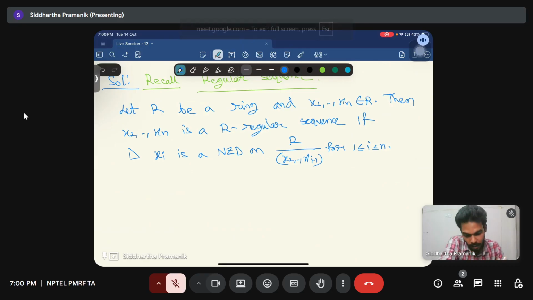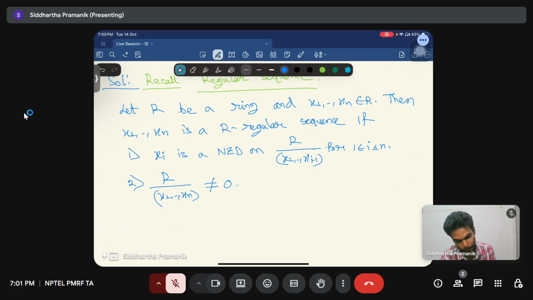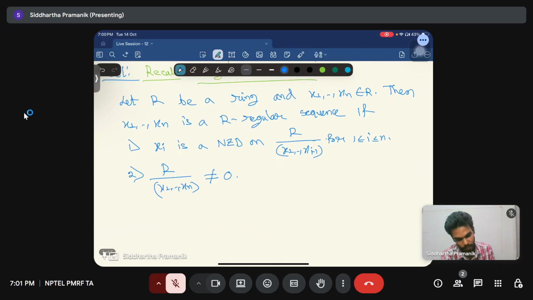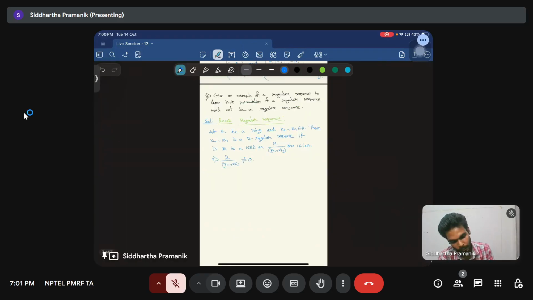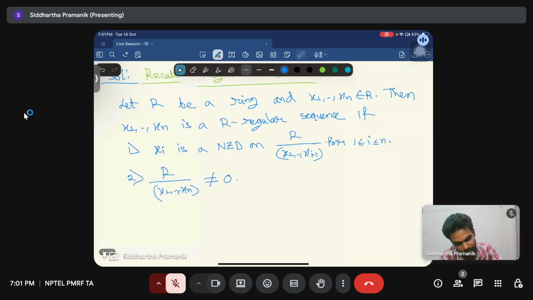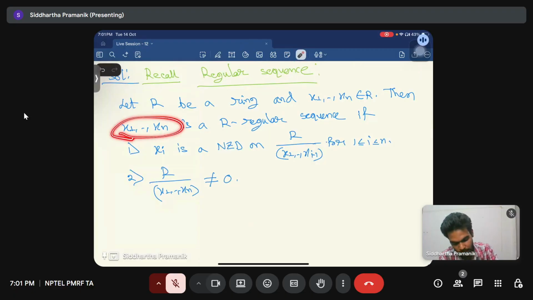Okay, so this is the first condition. And the second one is, if you take the last quotient R mod x1 up to xn, this should not be 0.